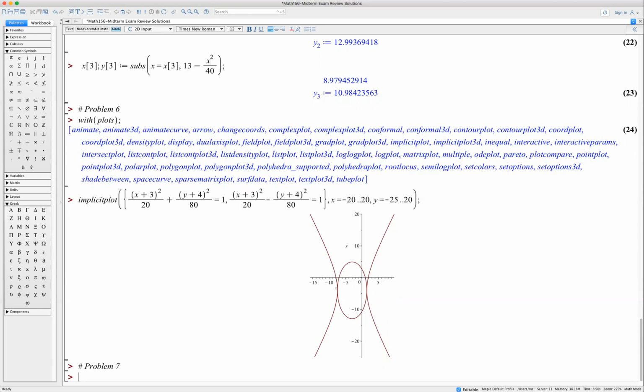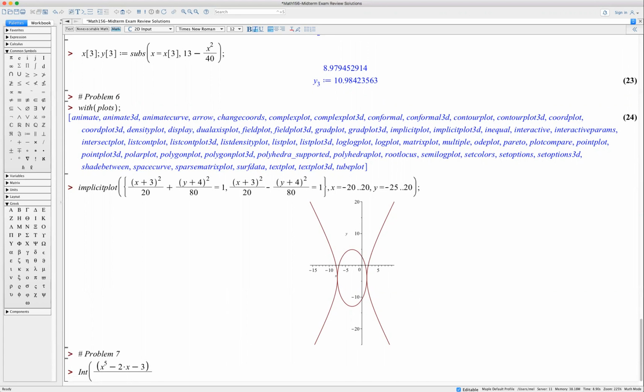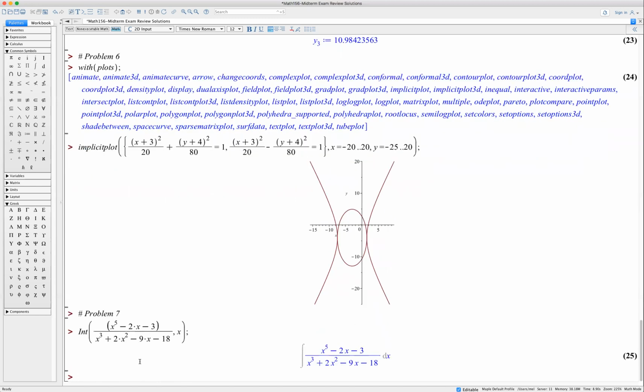So int, integrate, in parentheses, x to the 5th minus 2 times x minus 3, close parenthesis, divided by x cubed plus 2 times x squared minus 9 times x minus 18, comma x. Right? With a capital I, it writes down the problem. It doesn't show you the solution.